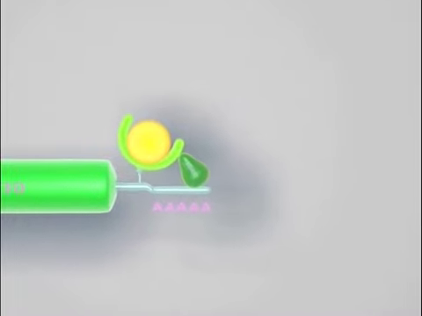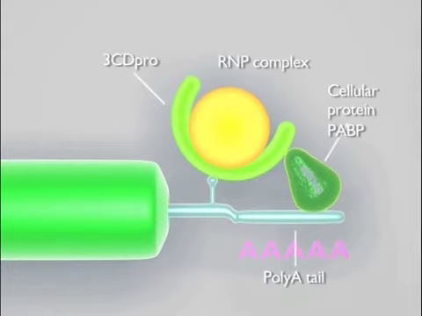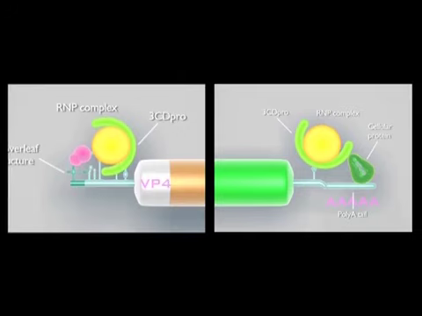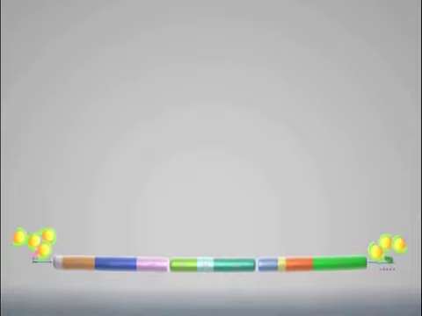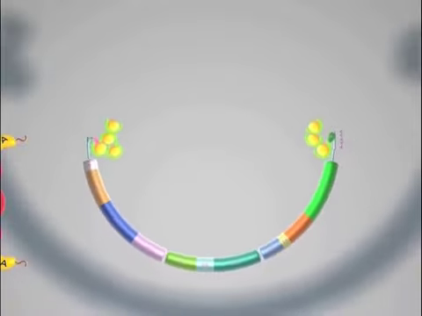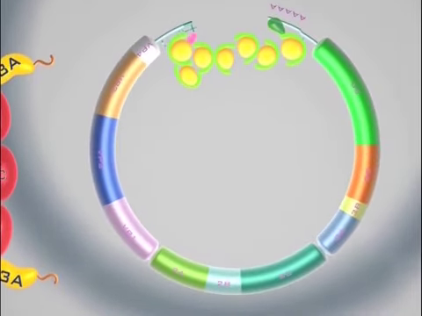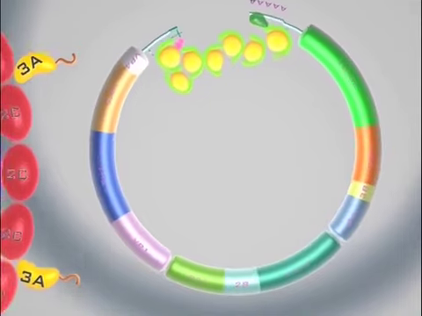At the 3' end of the viral RNA, cellular poly-A binding protein PABP binds to the poly-A tract. The RNP complexes at each end of the molecule interact with each other so that the RNA becomes effectively circularized. The viral RNA is now ready for negative strand RNA synthesis to begin.